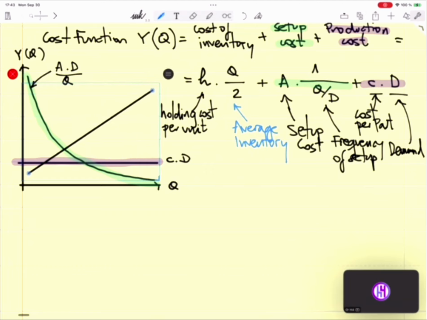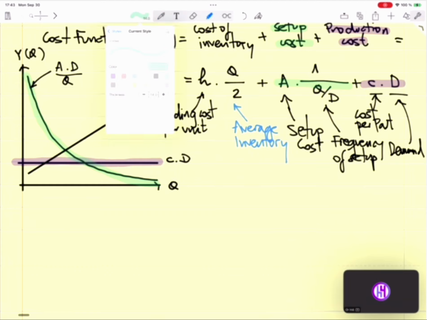This is the cost of inventory, HQ divided by 2.